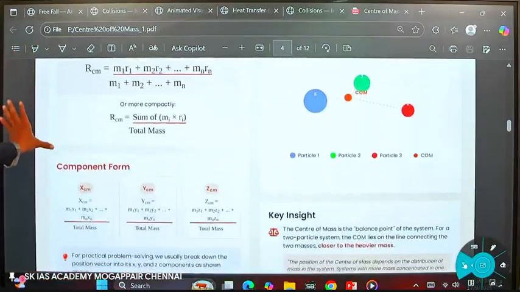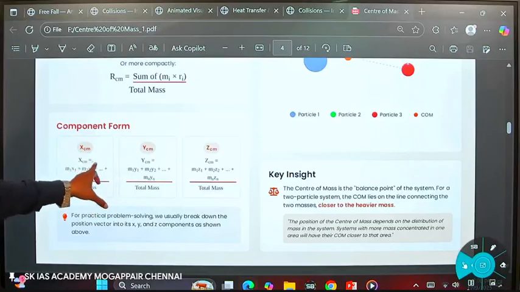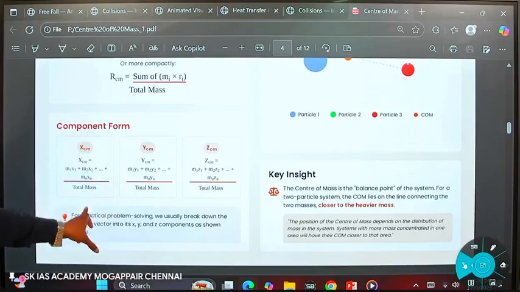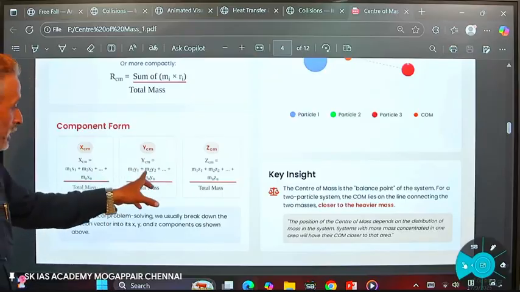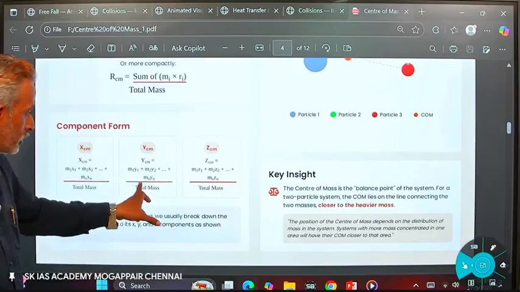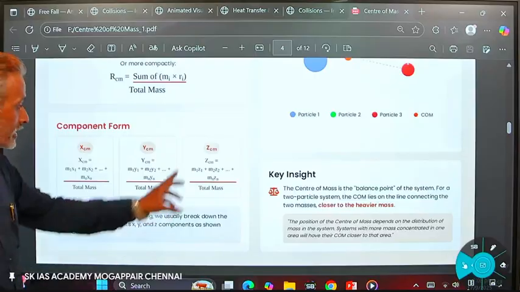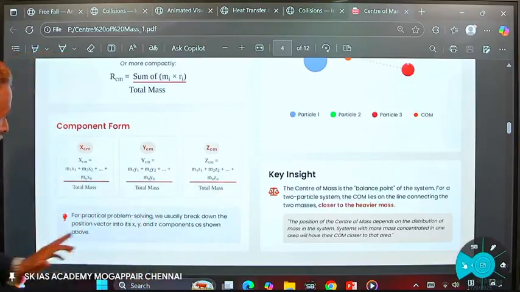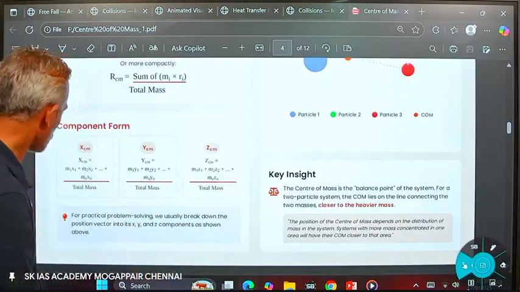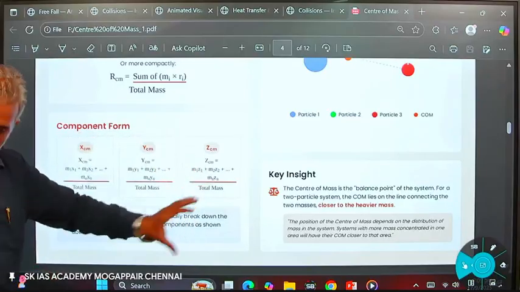Like see, X center of the mass, what I have discussed: M1 X1 plus M2 X2 up to, divided by total mass. Y center of the mass: M1 Y1 plus M2 Y2 up to, divided by total mass. Z center of the mass, divided by total mass. Okay, this is the concept.